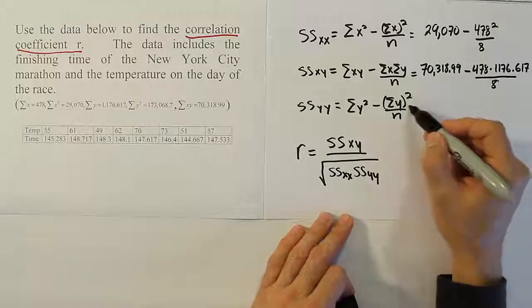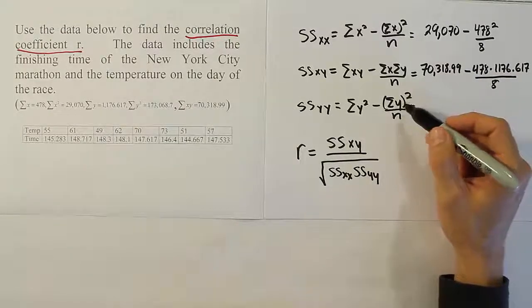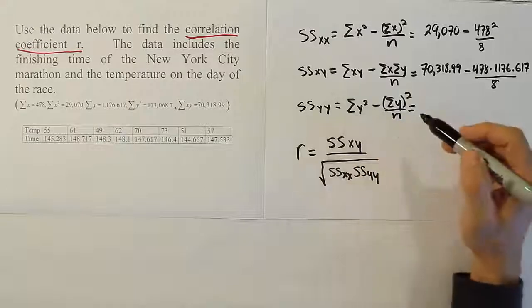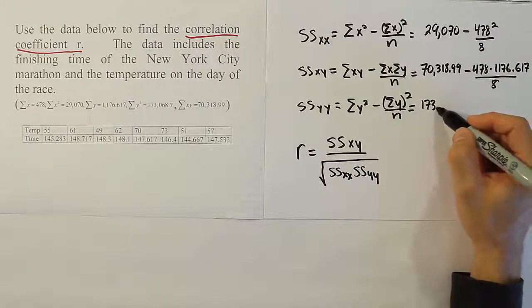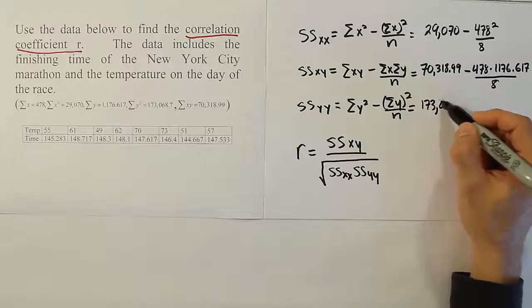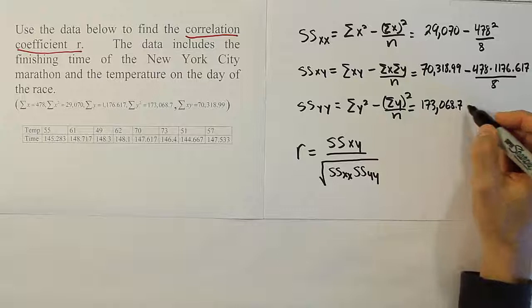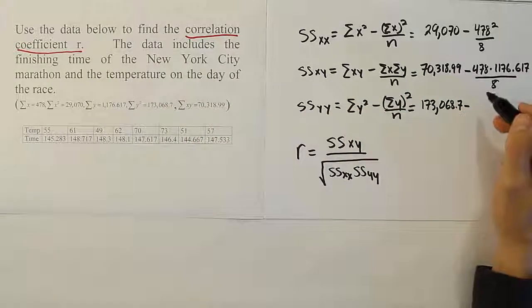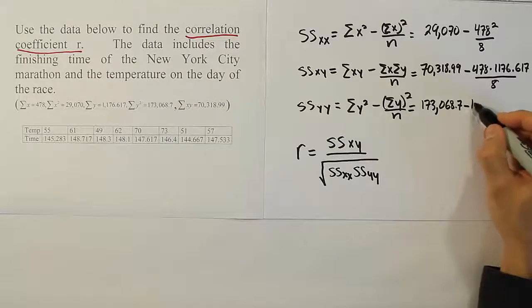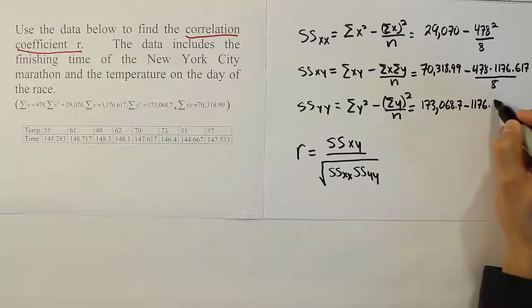And the last value we have here is the sum of squares yy, which is going to be 173,068.7 minus the sum of y quantity squared. The sum of y is 1,176.617, that quantity squared divided by n, which is 8.